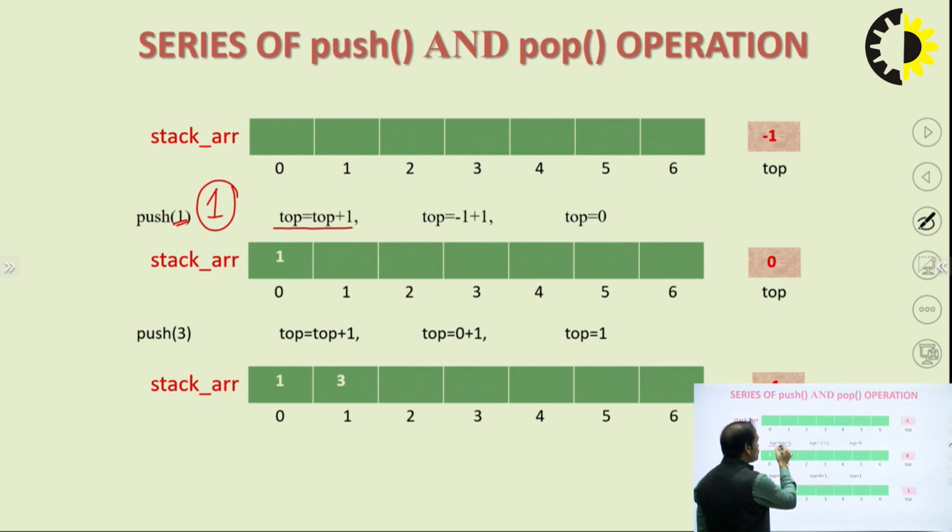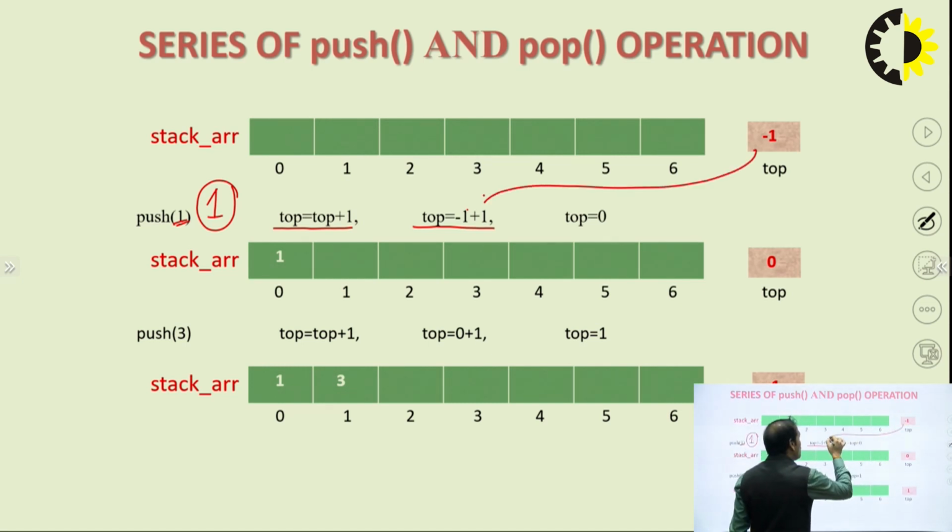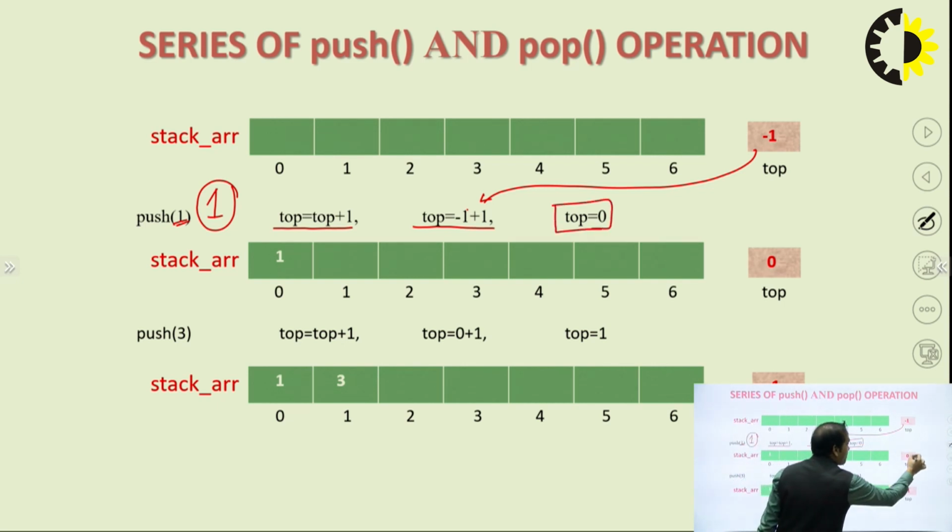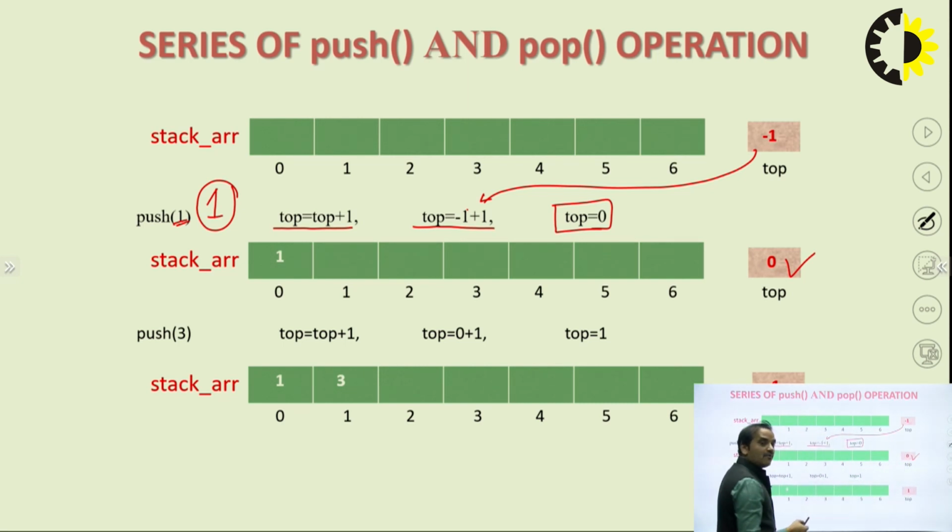Top equal to top plus 1, and top initially contains -1. So we write -1 plus 1, and top equals 0. That means top contains 0. Now at position 0, we have to insert this 1.